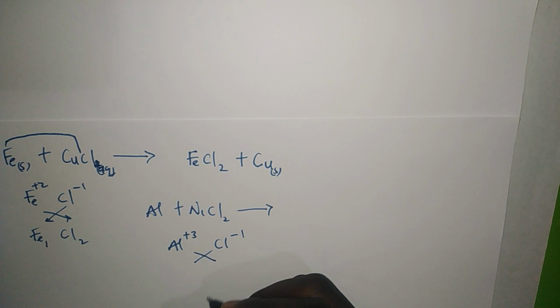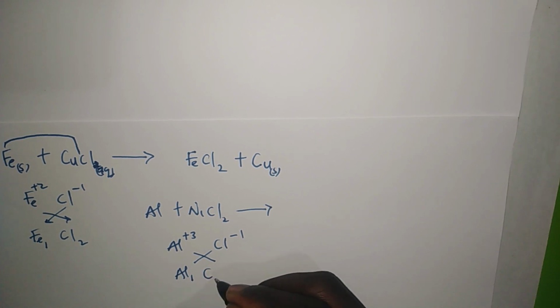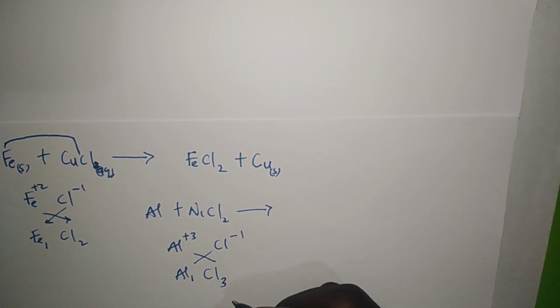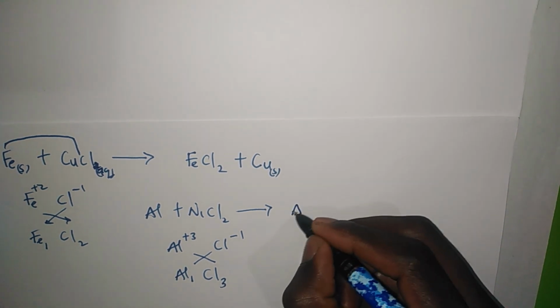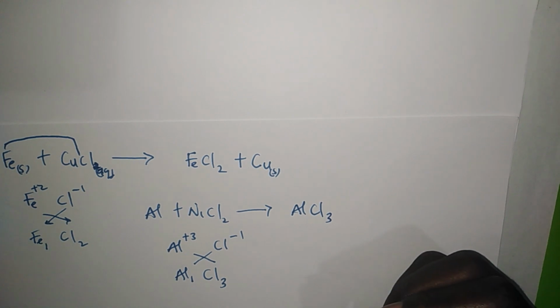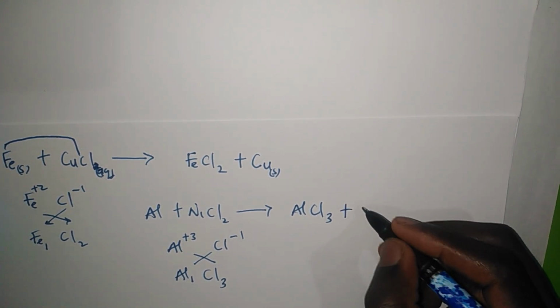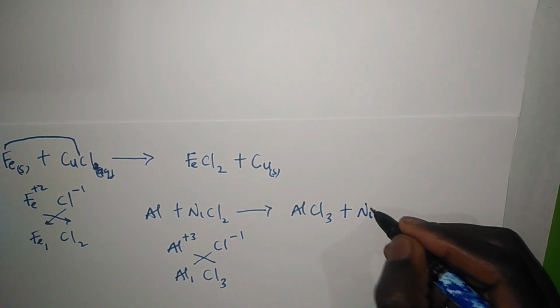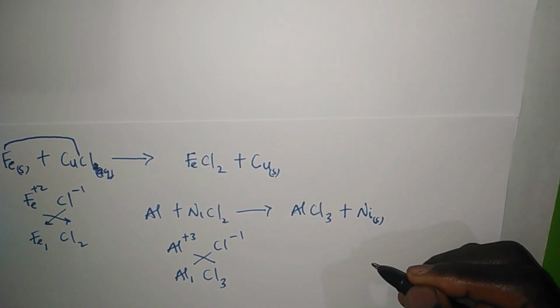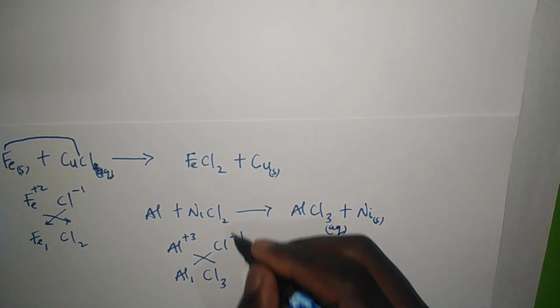So you cross them. Aluminium will now have 1, and then chlorine will have a 3 subscript. So therefore, we have aluminium chloride, then we have plus nickel solid. Right? This is in aqueous form. This also is in aqueous form.